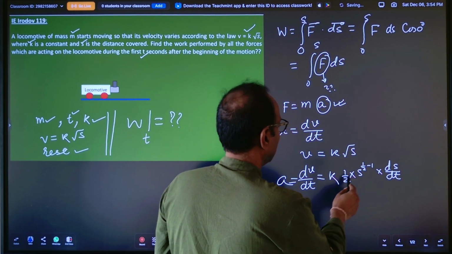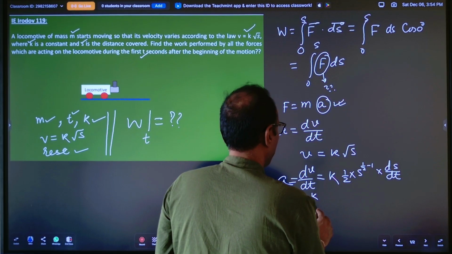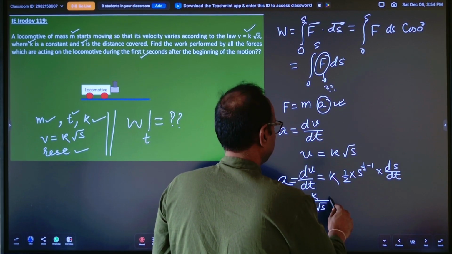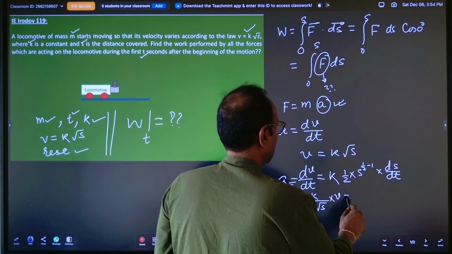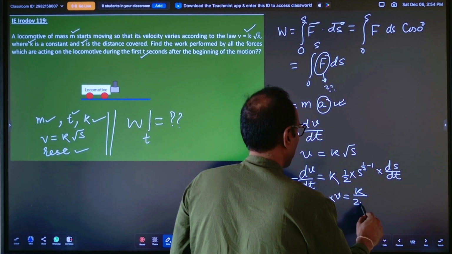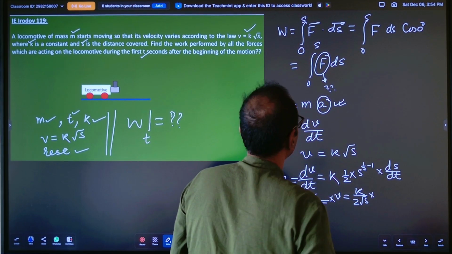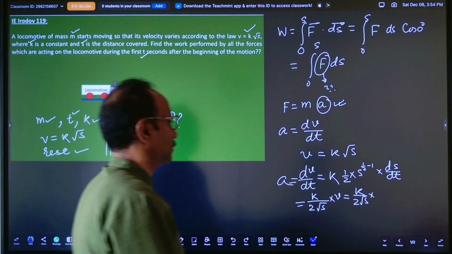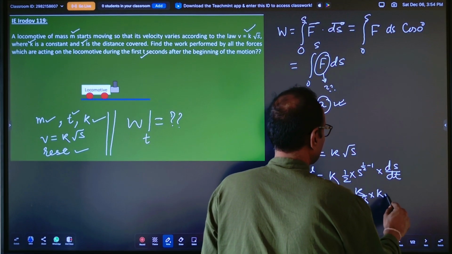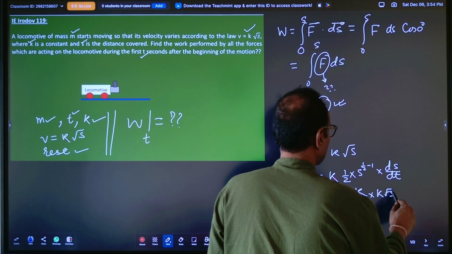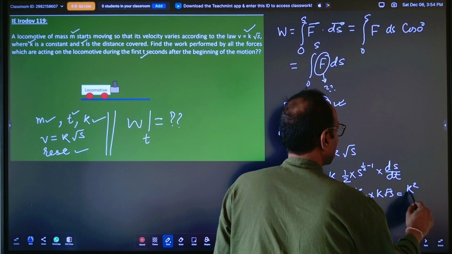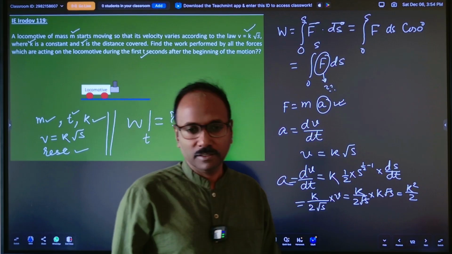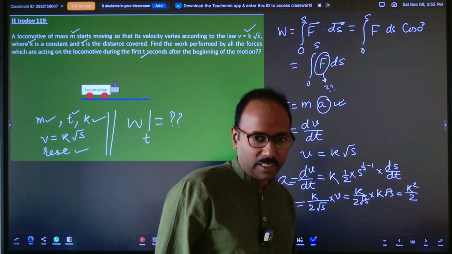Your acceleration will become k by 2 root s into v. What is v? k root s. So acceleration is k square by 2. k is constant, means acceleration will be constant.